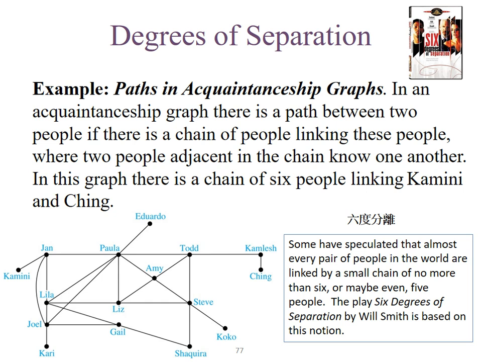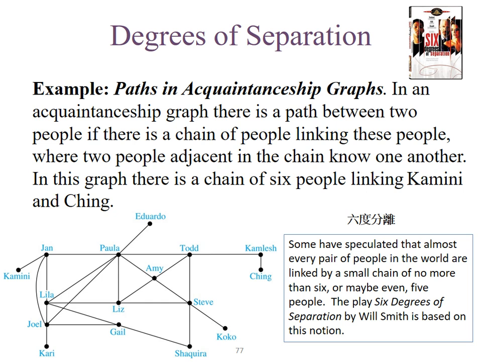For example, Kamini and Paula have a common friend, Jen. So you can discover the paths of this graph to see how you connect to other persons. If Kamini doesn't know Paula, maybe they can call their mutual friend Jen to introduce Paula to him.